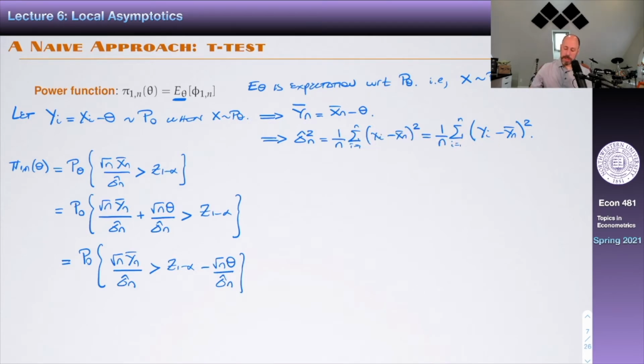So what matters now is that this object over here is just a function of y's. It's not a function of x. And on this end, we don't have any type of random variable. So this guy converges in distribution to a normal 0, 1 under p0. And this guy over here diverges to negative infinity. So you put it all together, this converges to 1.